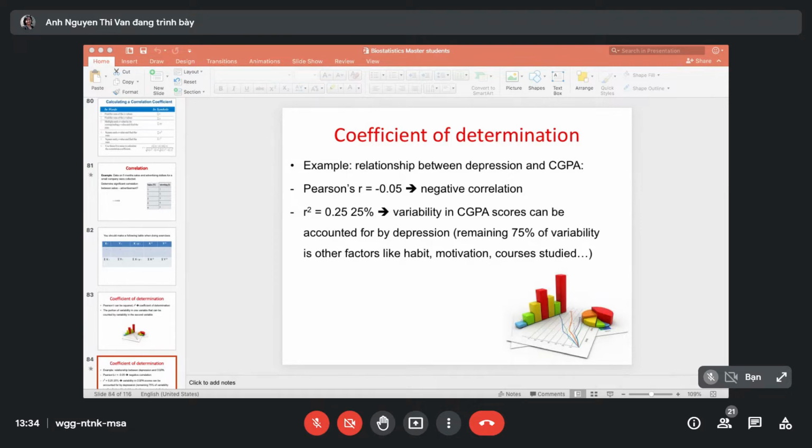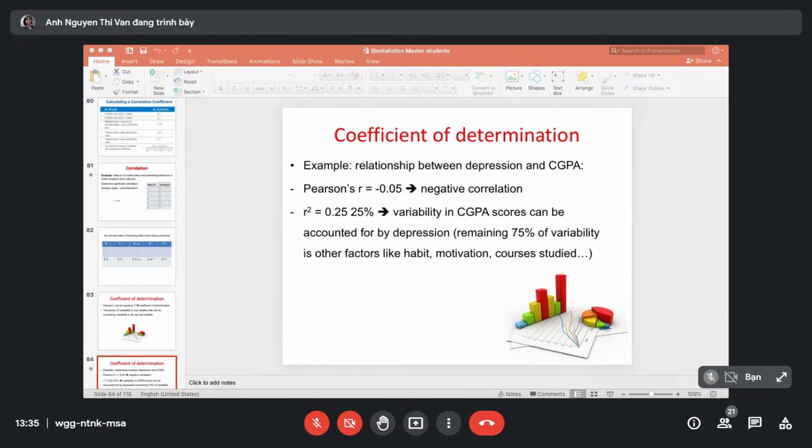So there is a remaining 75% of variability in CGPA score that is affected or explained by other factors. The other factors can be habits, motivation, or anything else that can affect the score.